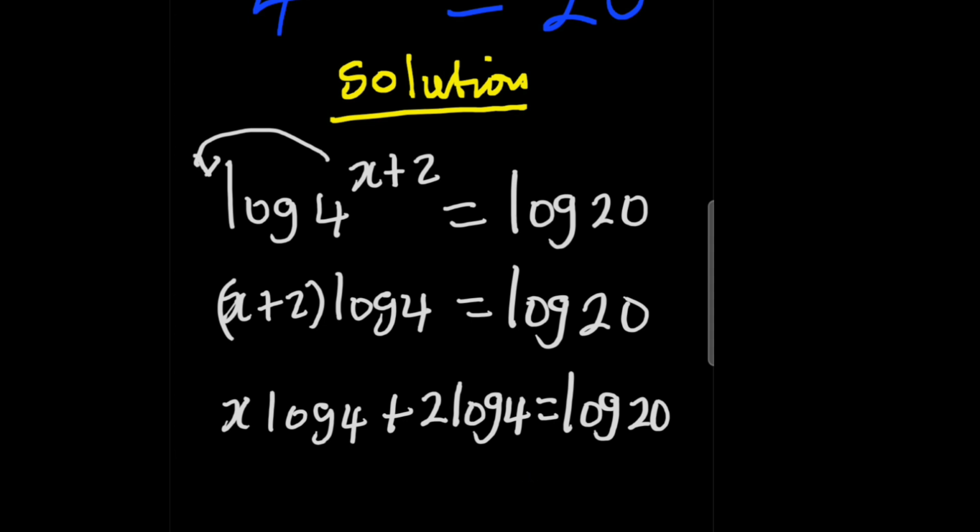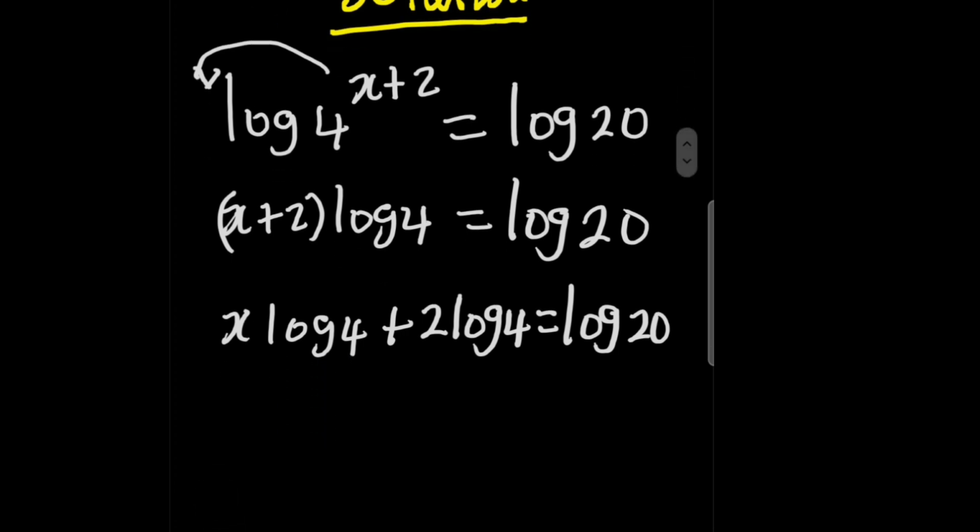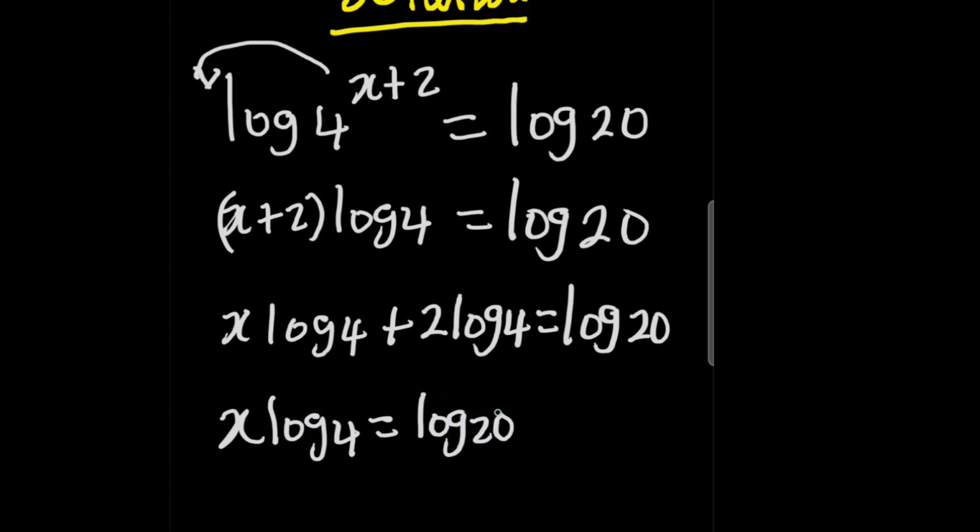Now, if we consider the ones that are constant, 2 log 4 and log 20, they are constant. So we're going to bring them together. And x log 4, there's a variable attached to this log 4, so we're going to keep it in the left hand side. So we're going to have x log of 4, which is going to be equal to log of 20, and when this 2 log 4 crosses to the other side, it becomes negative 2 log of 4.